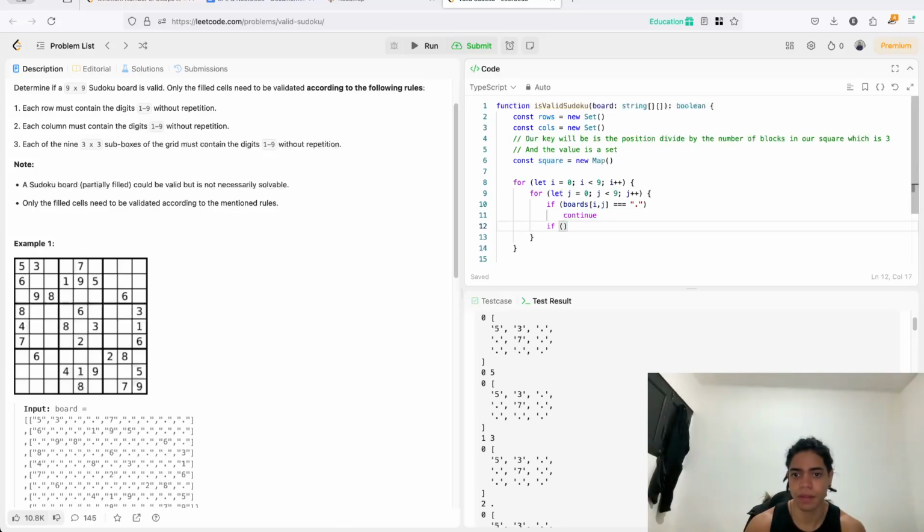However, if the board at the position, I want to know the value of this, which is at this position, is the value of this position, because we're going to evaluate this either in a row and in our column.